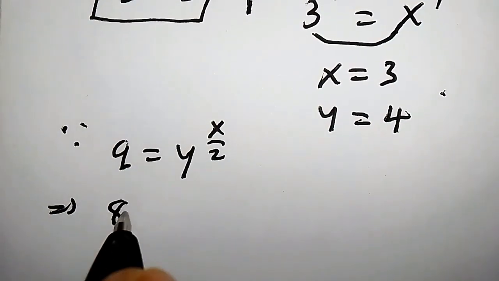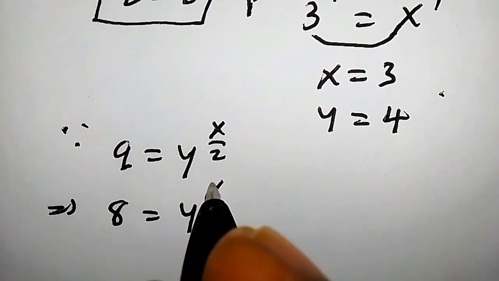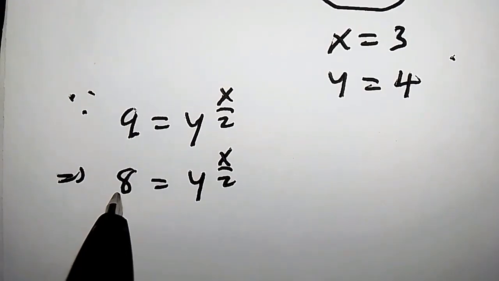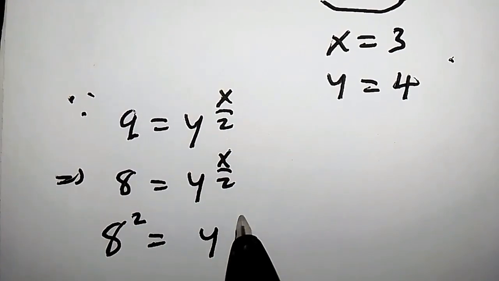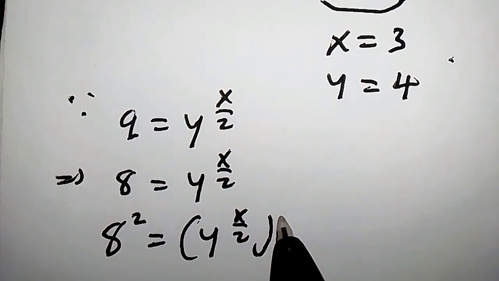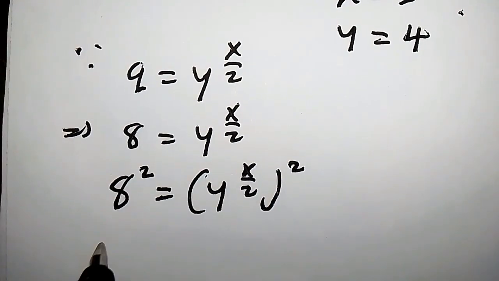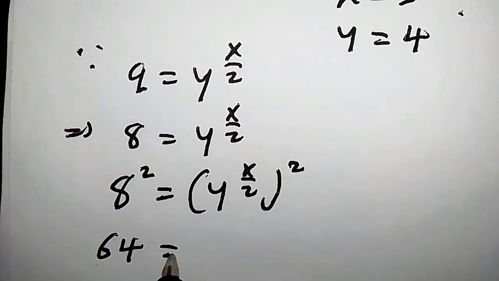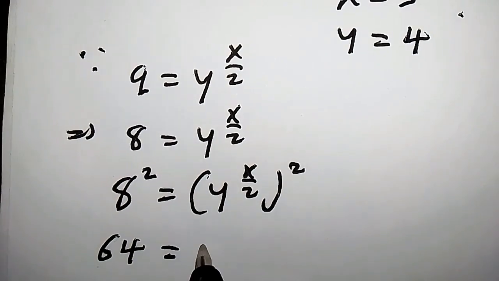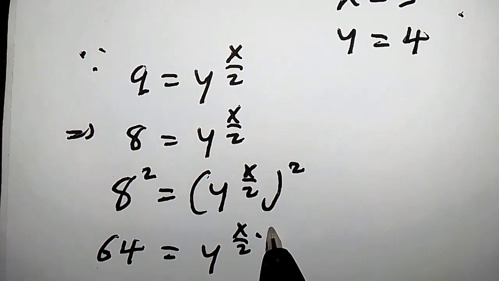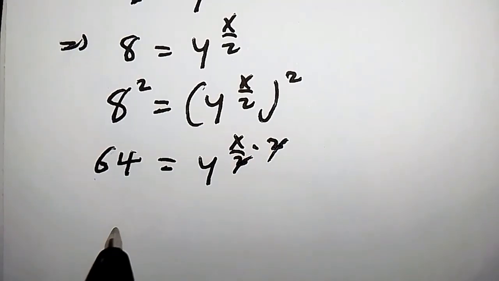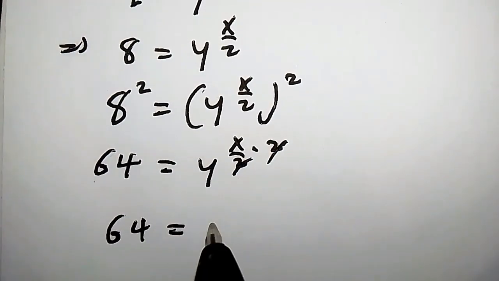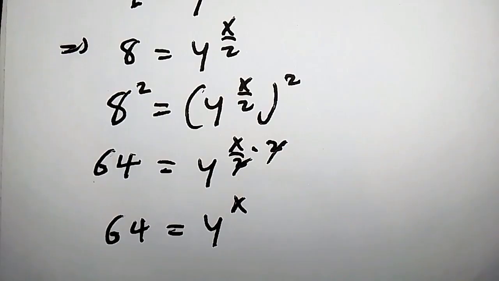So we have 8 equal to y raised to x over 2. Take a square of both sides. That will be 8 square equal to y raised to x over 2 times 2. What is 8 square? That is 64 equal to y raised to x over 2 times 2. And clearly, 2 cancels 2. We are left with 64 equal to y raised to x.